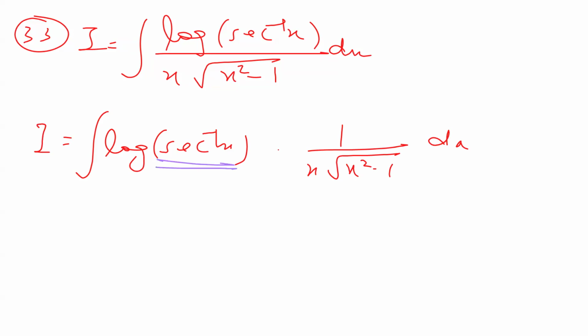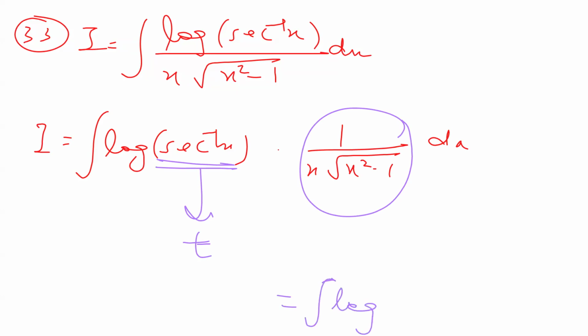Take this term as t because the derivative of sec inverse x is 1 upon x root x square minus 1. And then you'll get something like this, integration of log t dt. So log t into 1.